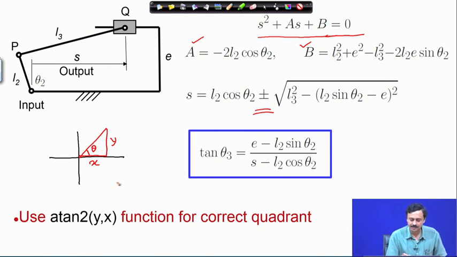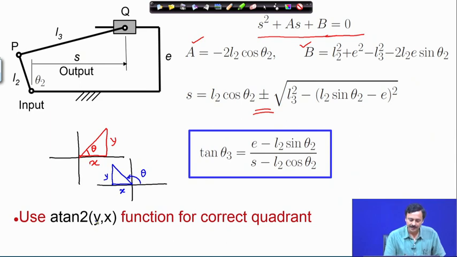So, if the situation is like this, I have drawn two situations in which both x and y are positive, and the other situation where x is negative and y is positive.